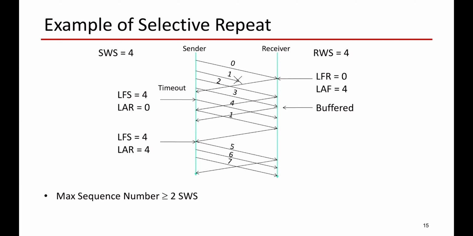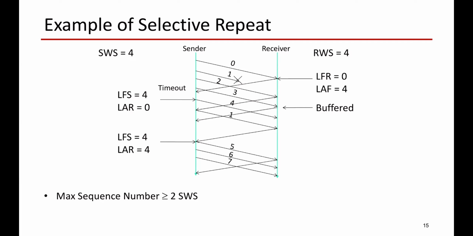Yes. Then the timeout happens on the sender side because it didn't receive the ACK for the corresponding packet. Then the sender will automatically send the third packet. Got it. Thank you very much. Then 3, 4, 5.